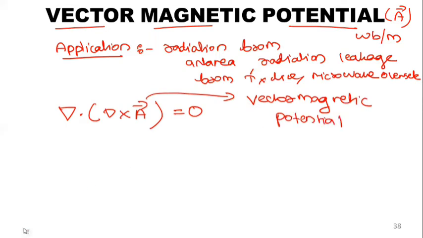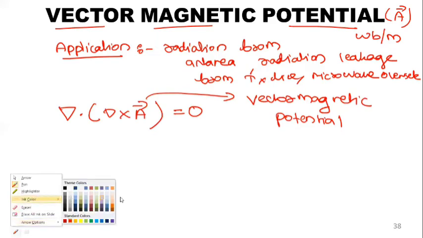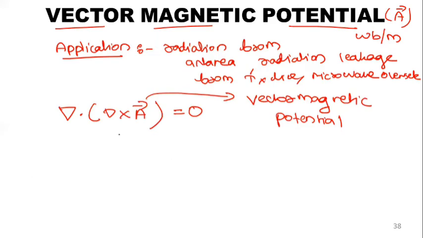That is del dot del cross A. And you also know that del dot B is equal to 0. Then from that we can write del cross A is equal to B. So what does that mean? Curl of the vector magnetic potential is the flux density.